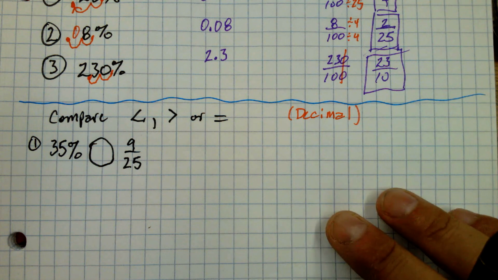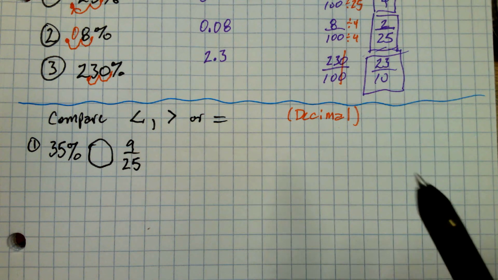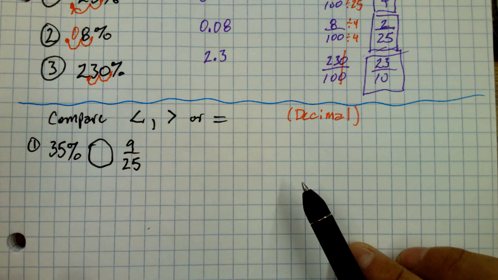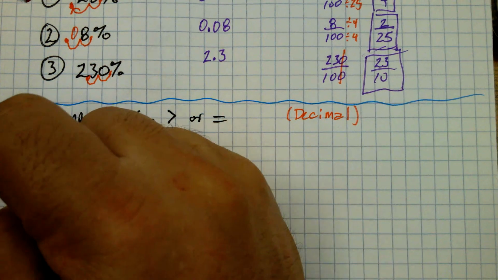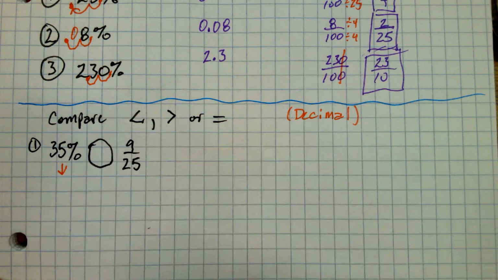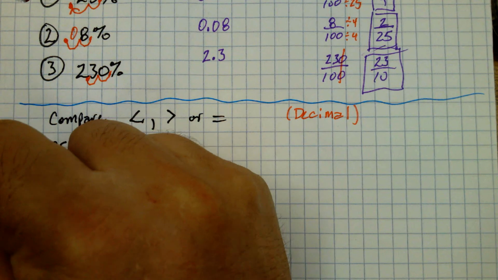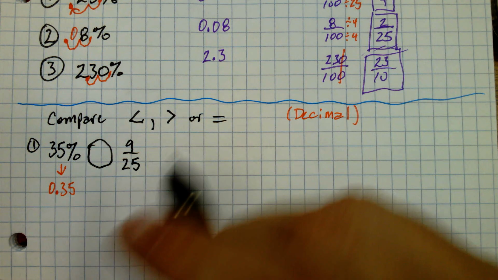So the key, at least for me, is to convert everything to a decimal. That's pretty easy enough if I say, okay, this 35% becomes 35 hundredths, or 0.35. How about 9/25ths?